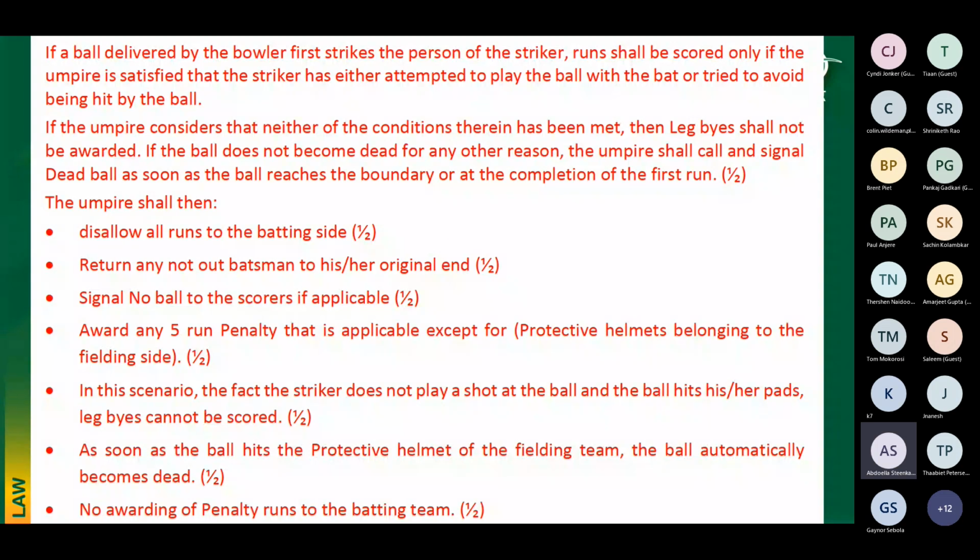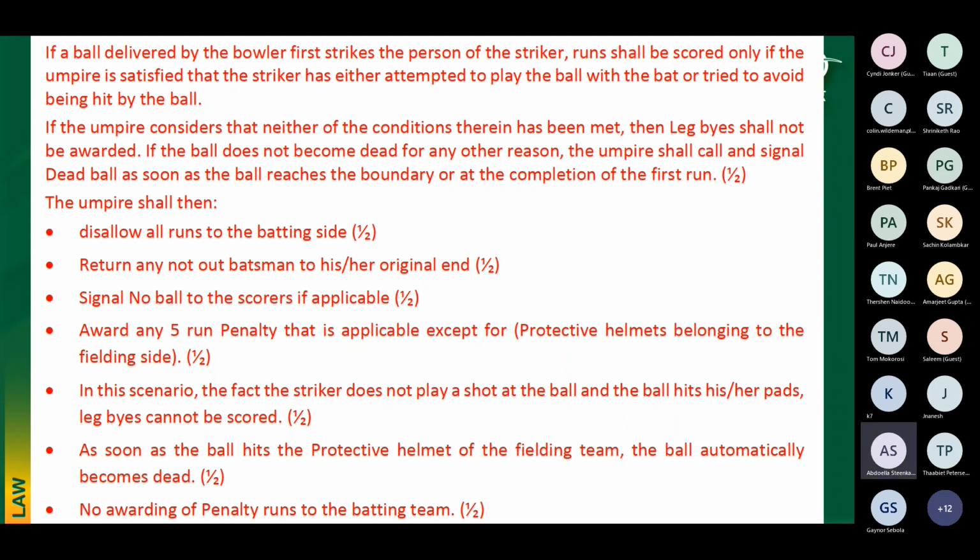The award of any 5 penalty runs, except for penalty runs if the ball should hit the protective helmet that was placed behind the keeper, which is the case here. So what does this mean? In this case, because the batter didn't offer a shot and the ball hit the protective helmet, those 5 penalty runs shall not be scored.